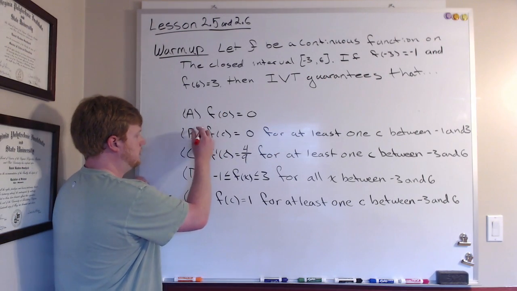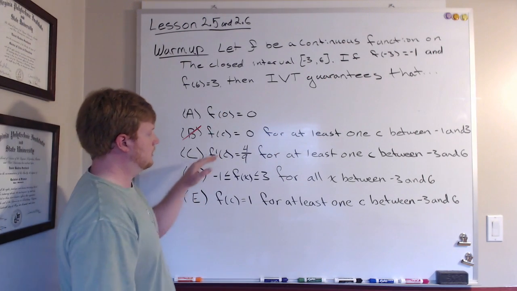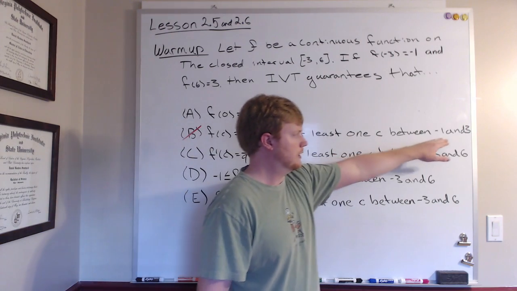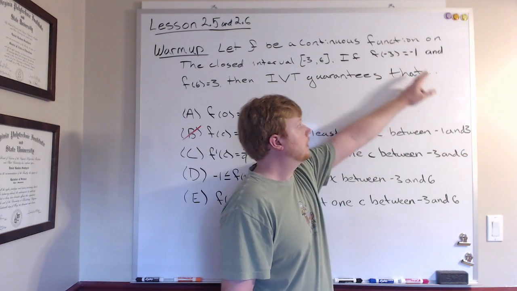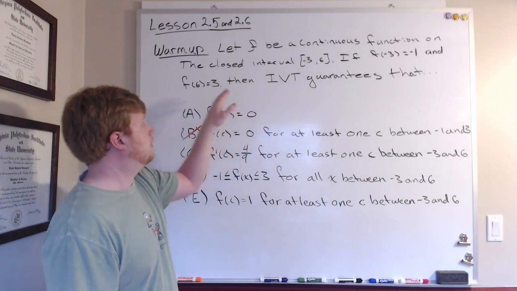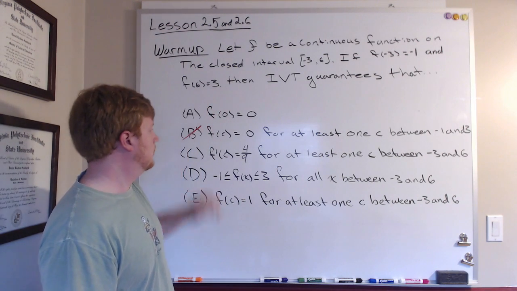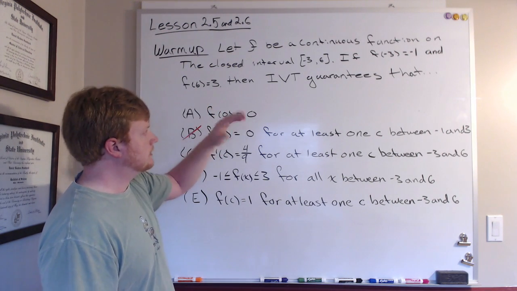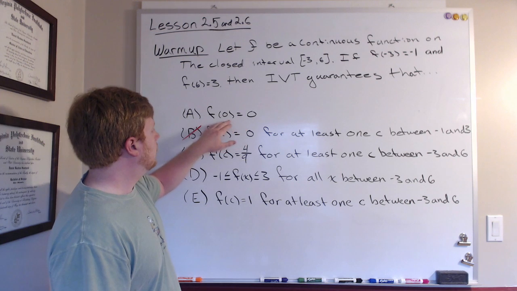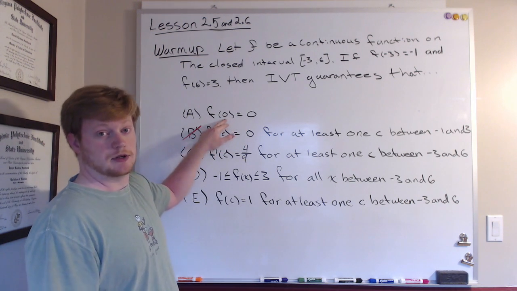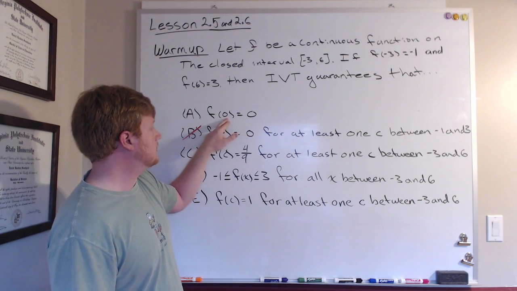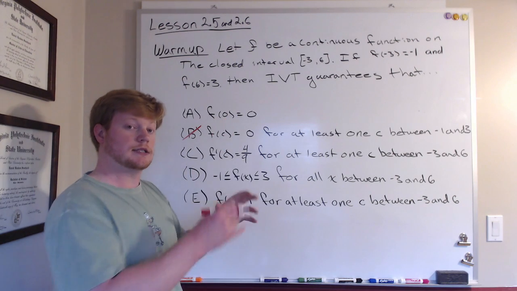So B can't be the answer, because it's saying that there's something between -1 and 3, which are the endpoints of my output.